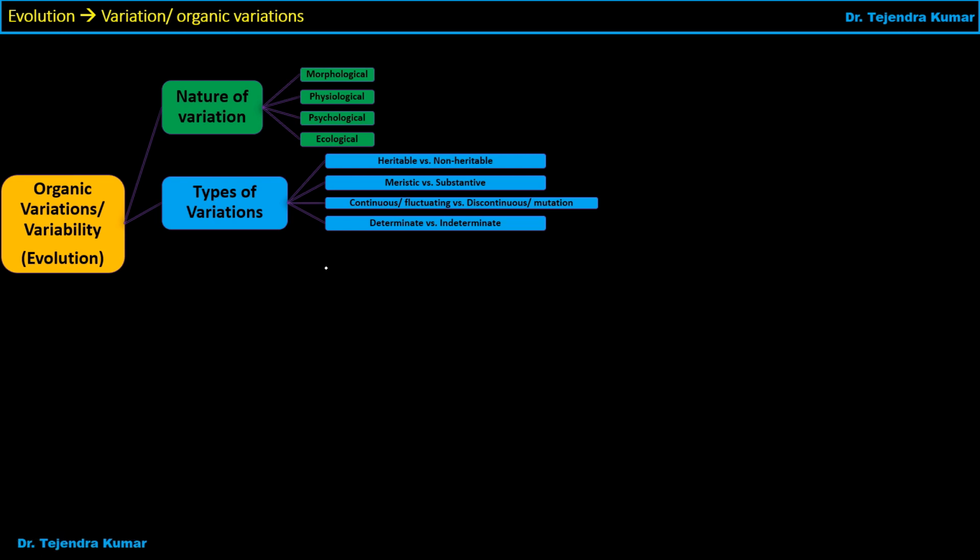Determinate means those which are confined, meaning some specific type of character will be seen. This is already defined, already determined, already confined. So these are actually directional.